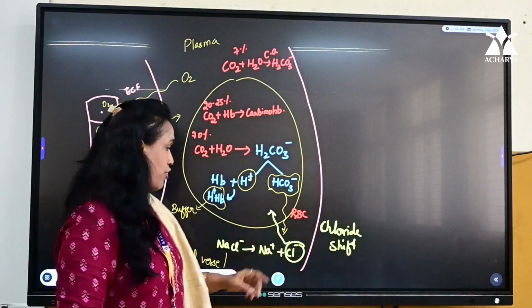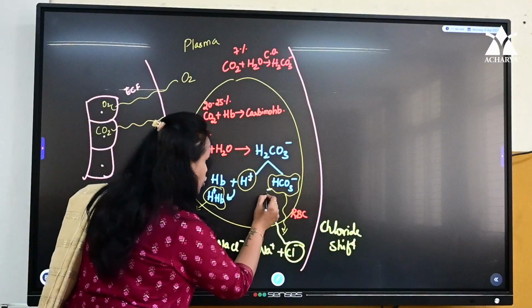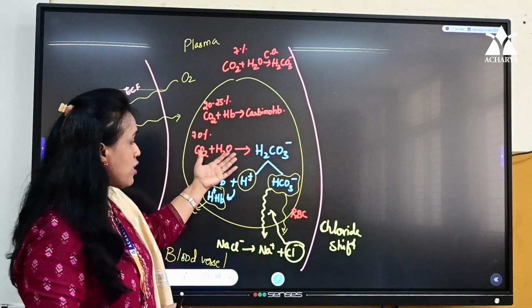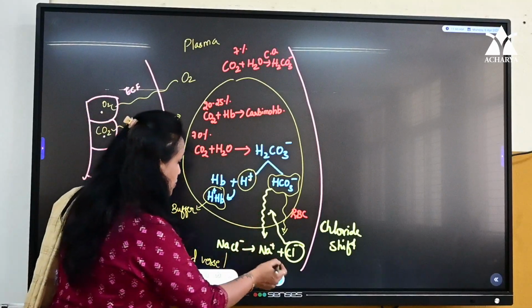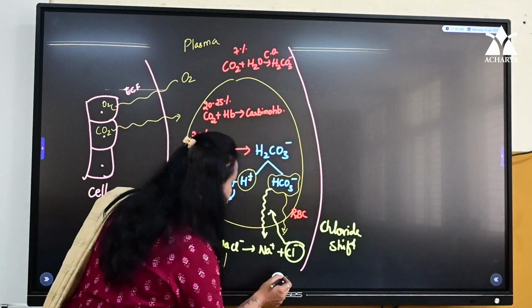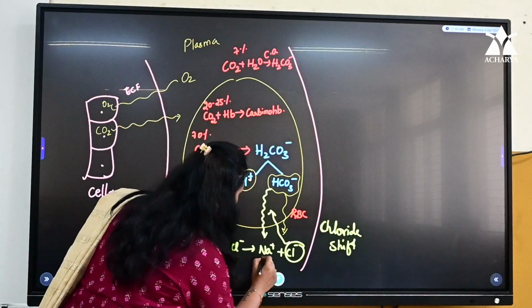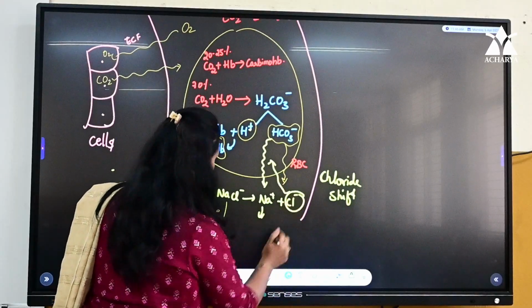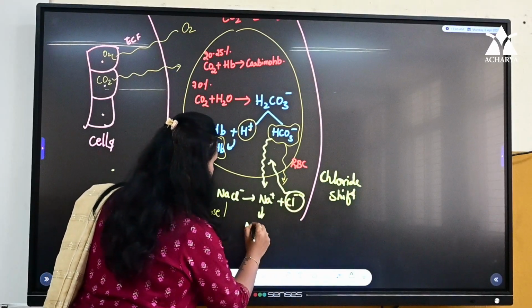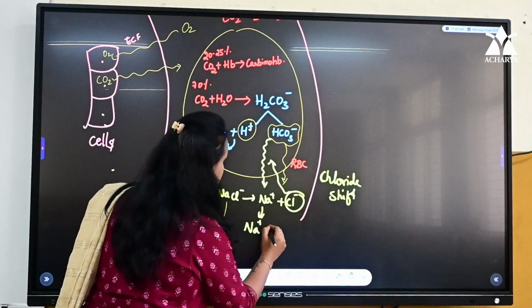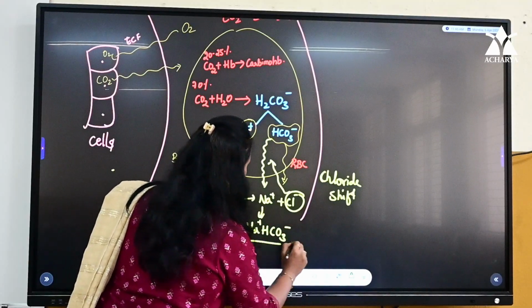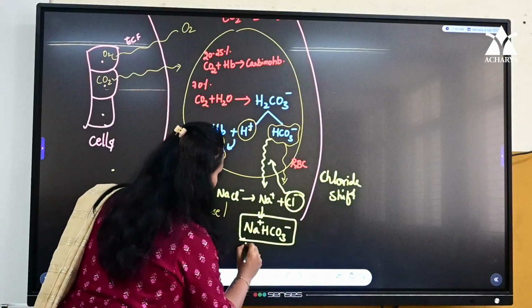the chloride shift. Meanwhile, this HCO3 which was present inside the RBC is now present inside the plasma, and becomes Na plus HCO3 minus. This is called bicarbonate.